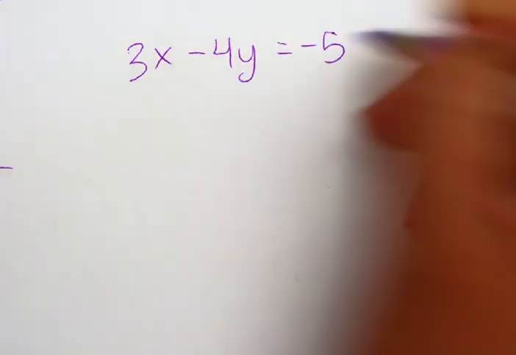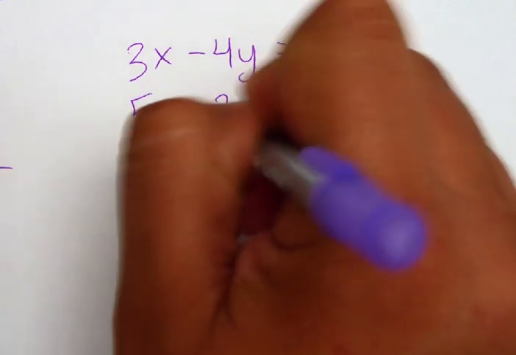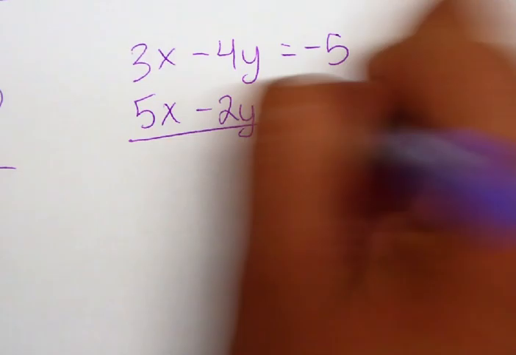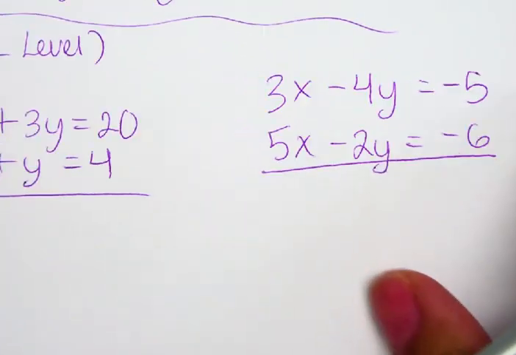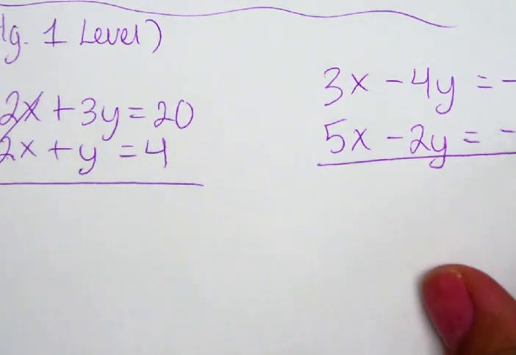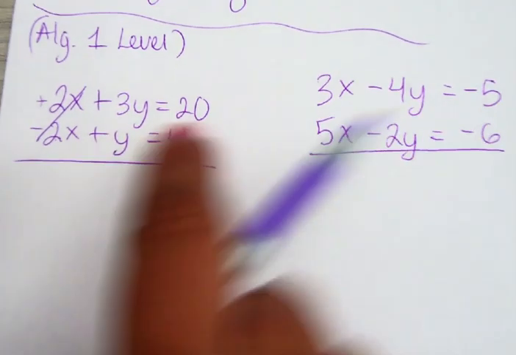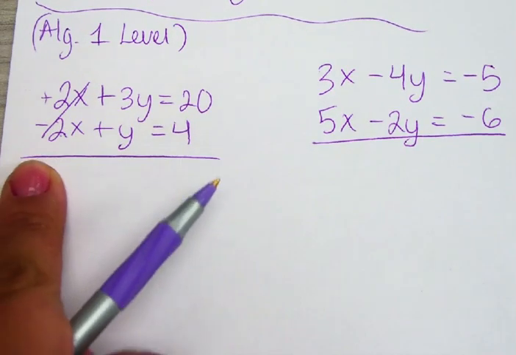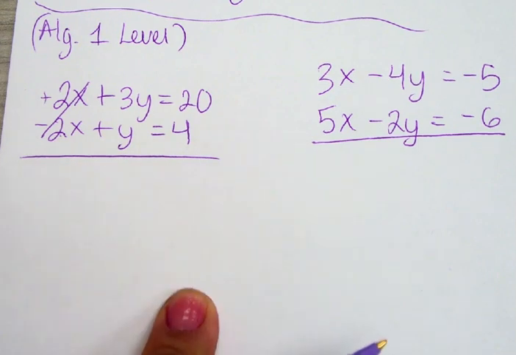So for example, let's say we have 3x minus 4y equals -5, and then 5x minus 2y equals -6. So these are both, like I said, systems of equations. However, this one on the left side can be eliminated easily and solve for y.